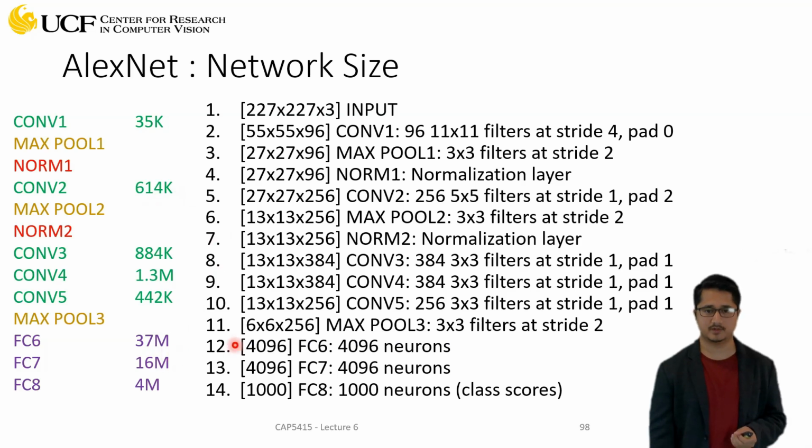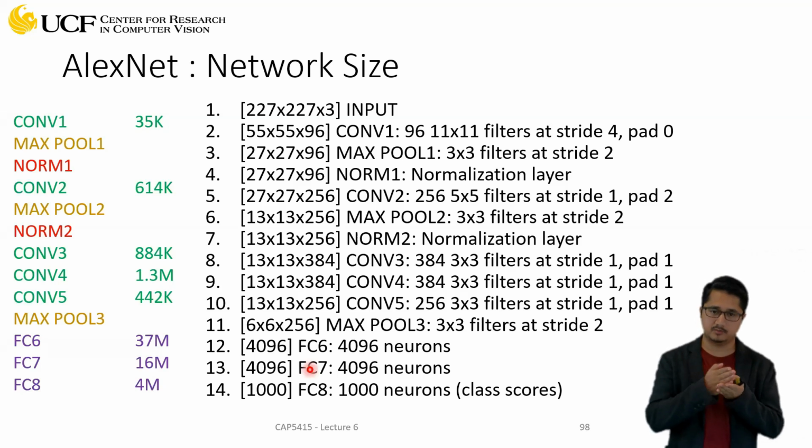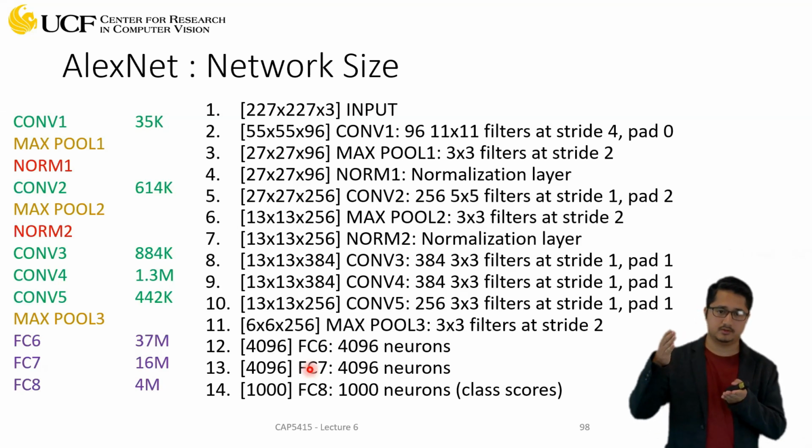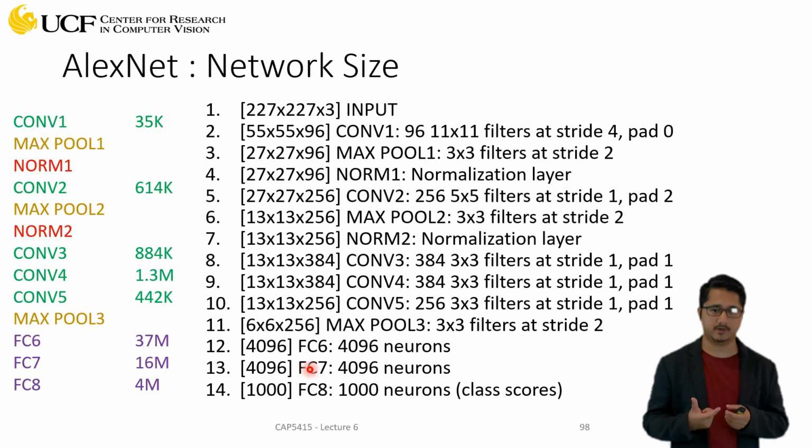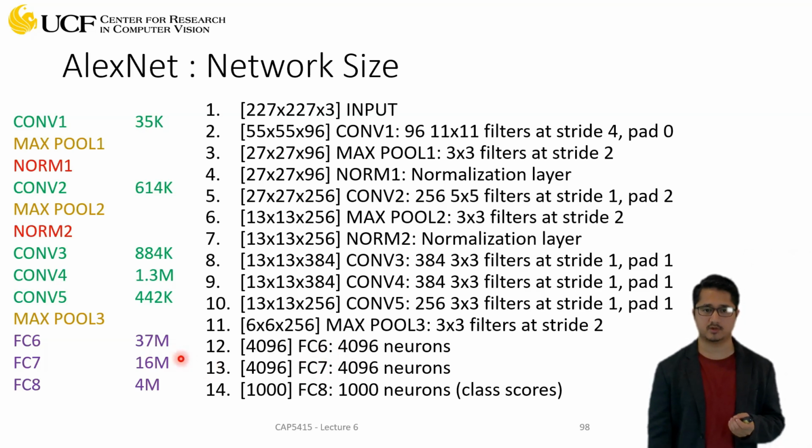But that's not happening in the fully connected layers. For each connection between a neuron in your input layer and a neuron in the next layer, you have a different weight. That weight is not being shared, and that's causing a huge jump in the number of parameters required to train in these fully connected layers. So you can see that the majority of the weights are actually coming from these fully connected layers.